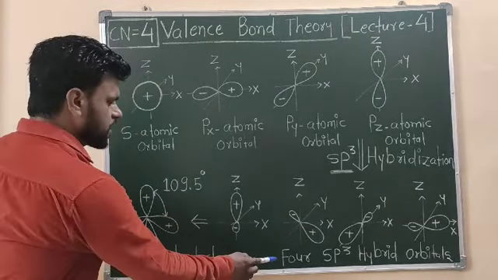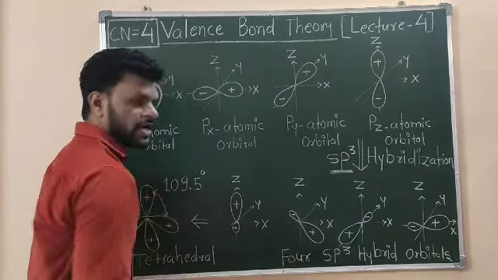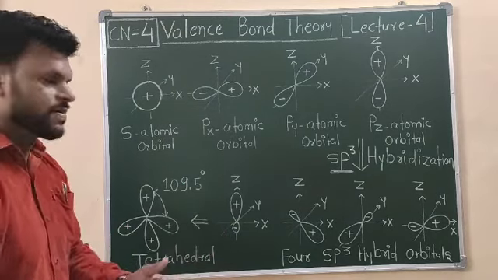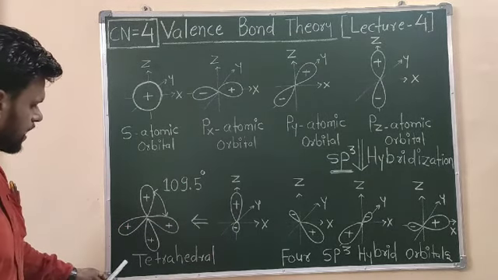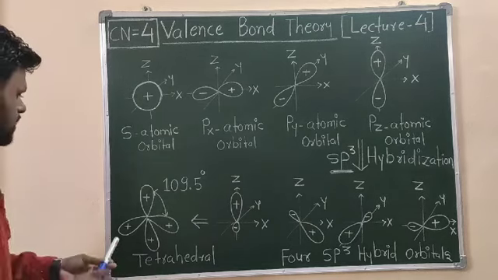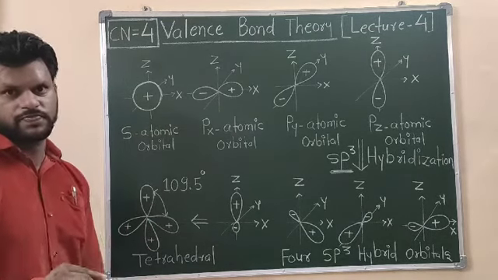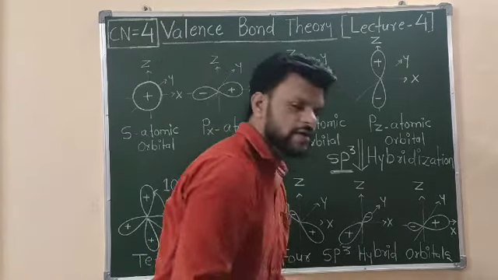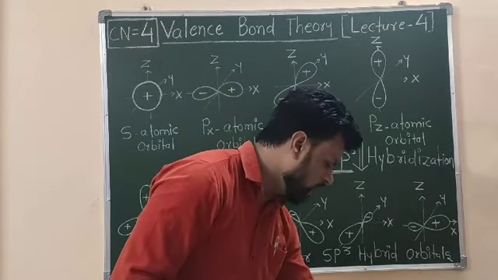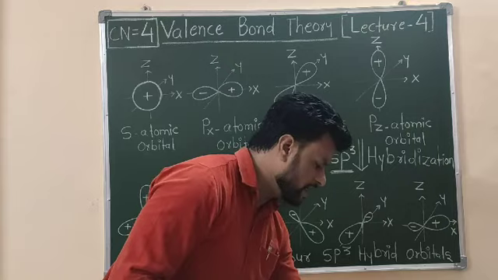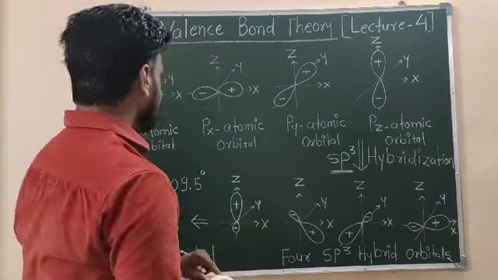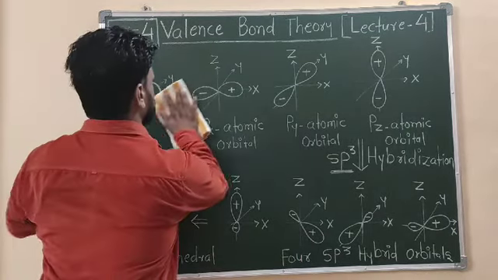Furthermore, these 4 sp3 hybrid orbitals will arrange themselves in space and give the tetrahedral geometry. The angle between these two will be nearly 109.5 degrees. Keep in mind how these atomic orbitals rearrange and give a tetrahedral kind of geometry.